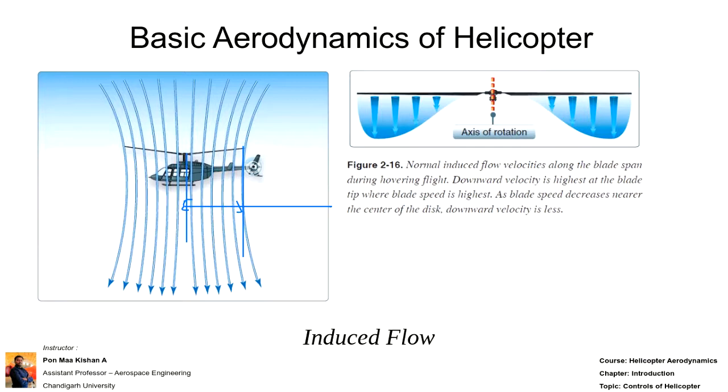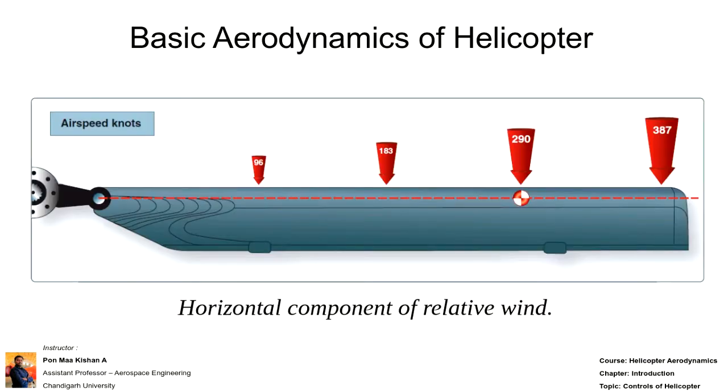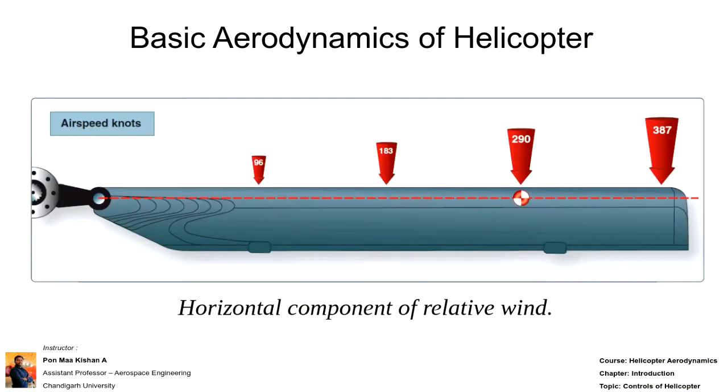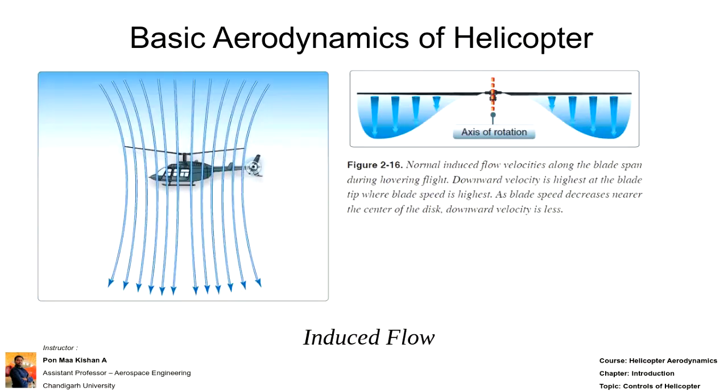In the previous image I showed you the relative wind. Relative wind depends upon the airfoil direction, right? The second one is induced flow. So we have two types of flows. One, when we are rising up, that is takeoff or climb, depending upon the scenario. So how the pressure distribution is.